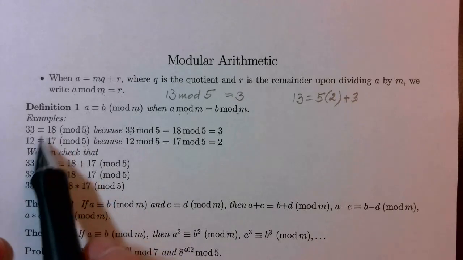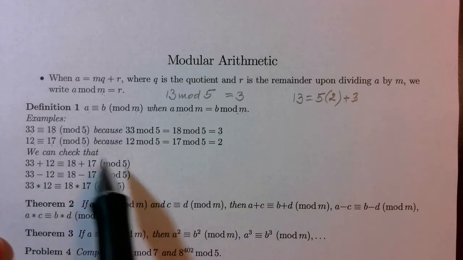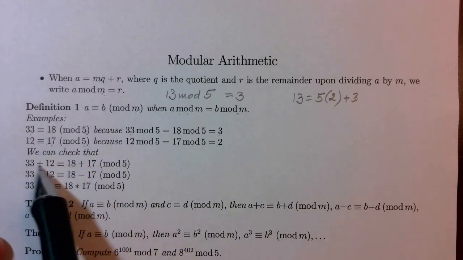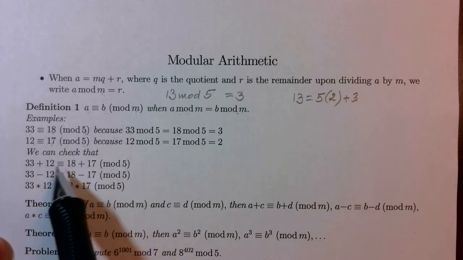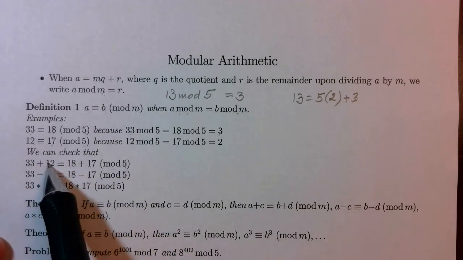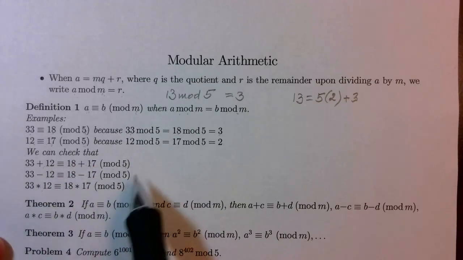We can add them, add the left-hand sides, the right-hand sides, write the same modulus. Because these are true, the result is a true congruence. You can check and verify that the remainders are the same.